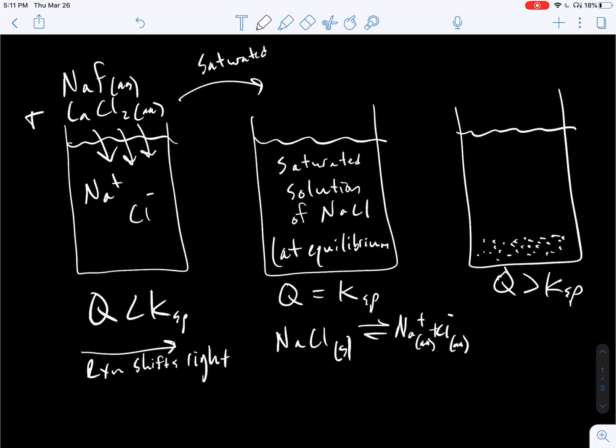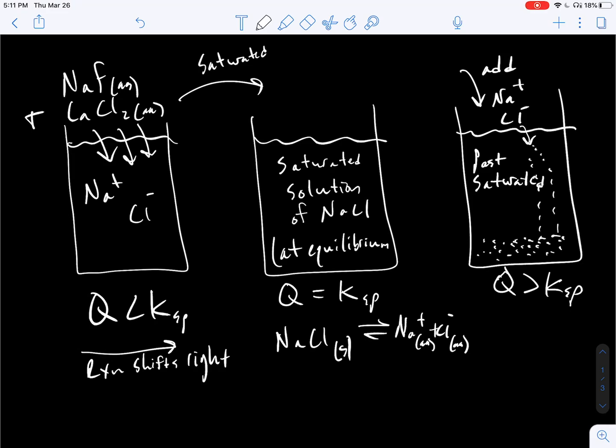Now it's a saturated solution on top. This is past saturated. And if I add Na plus and Cl minus ions to this solution, they are going to immediately precipitate out and fall down.